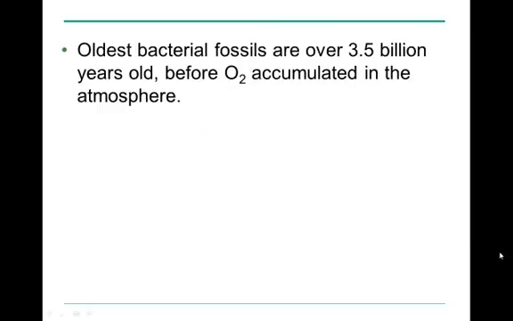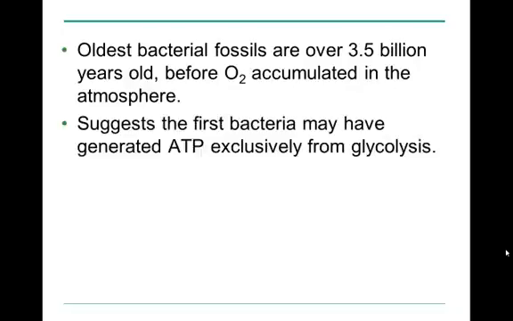The oldest bacterial fossils are over 3.5 billion years old, and this is before there was a lot of oxygen in the atmosphere, and therefore this was before aerobic respiration, that which requires oxygen, was widespread. This suggests that the first bacteria may have generated ATP exclusively by the process of glycolysis.